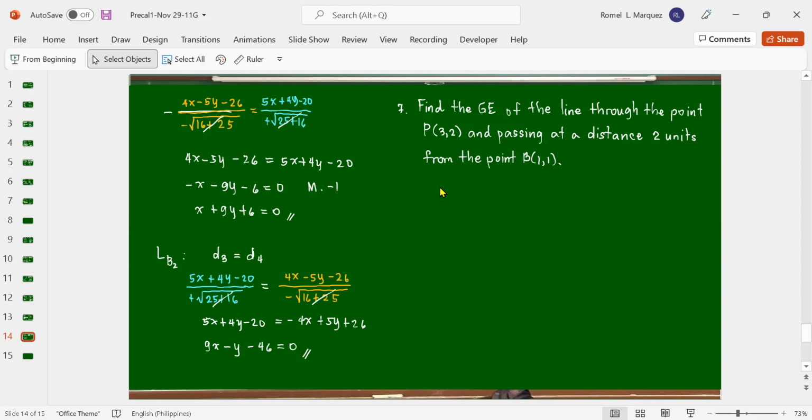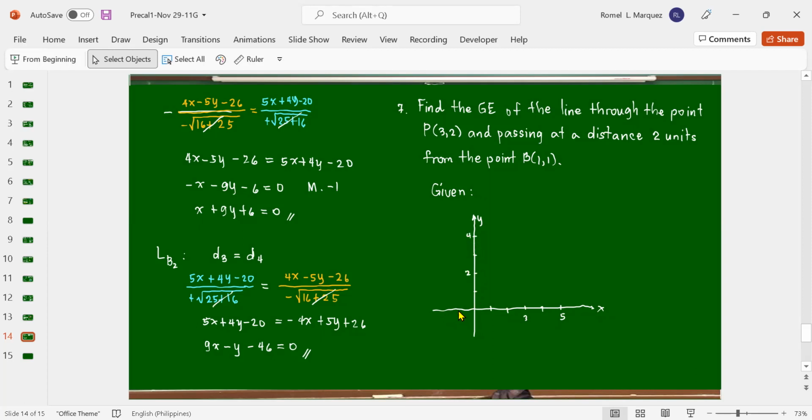So let's illustrate the problem. So we have this x-axis and y-axis. 1, 2, 3, 4, 5. So this is 5. This is 3. 1, 2, 3, 4.